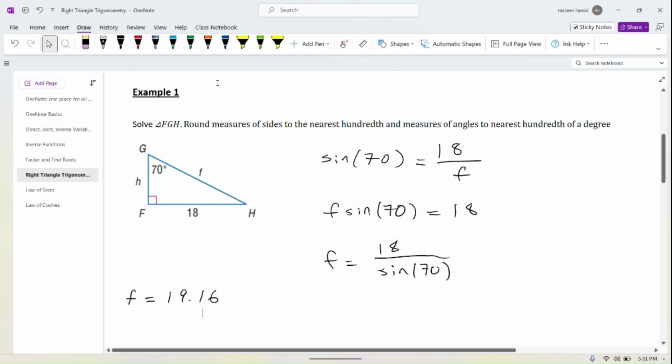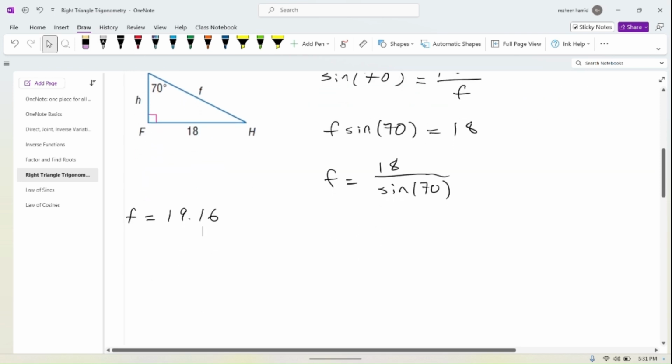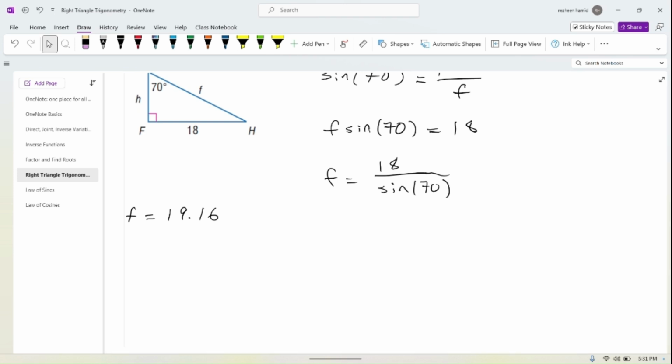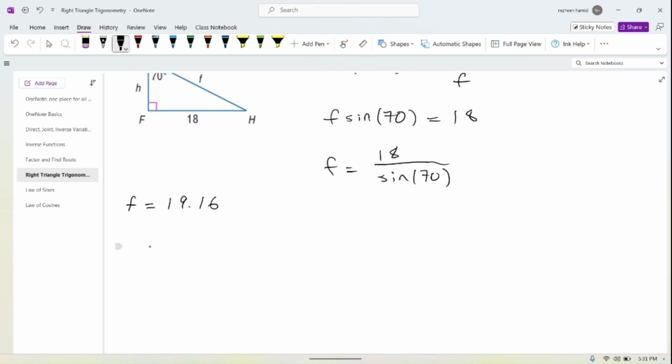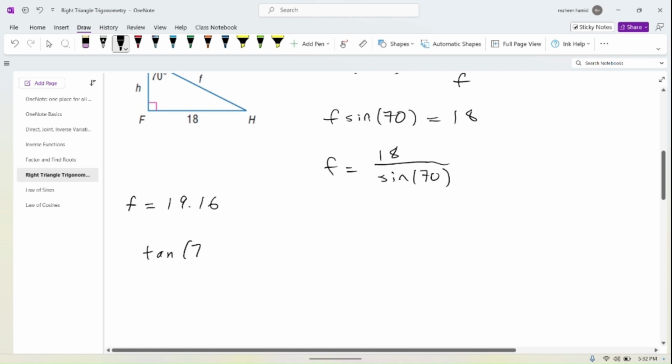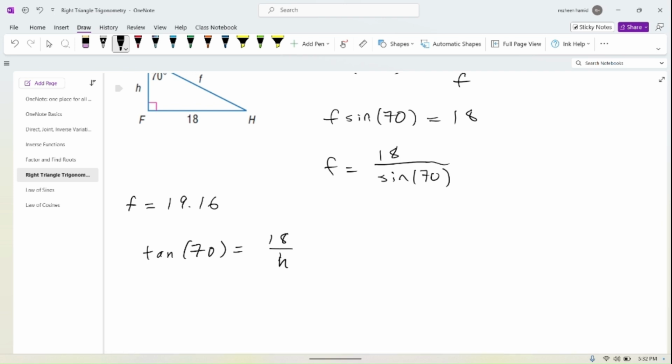Now we can solve for capital H and lowercase h. That's all we need to know in this problem, since capital F is already known, that's 90 degrees. So let's solve for lowercase h. Tangent of 70 equals 18 over lowercase h, because by SOHCAHTOA, TOA is tangent of theta equals opposite over adjacent.